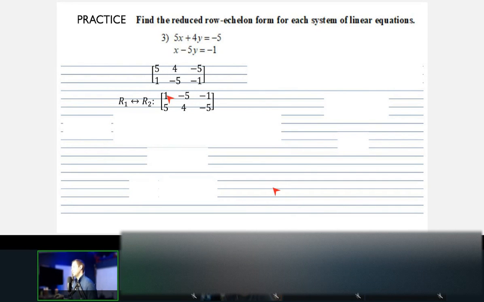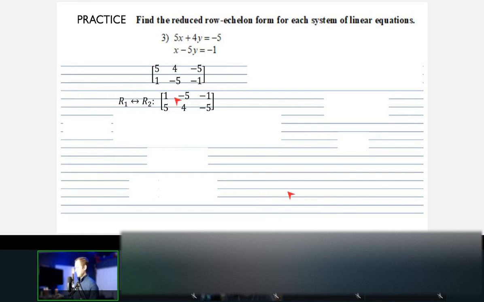So now this is what I do. When I have a 1 where I want it to be, in this case, top left, I am now going to make everything below it a 0. So we're going to use addition, subtraction of the rows to make that a 0.